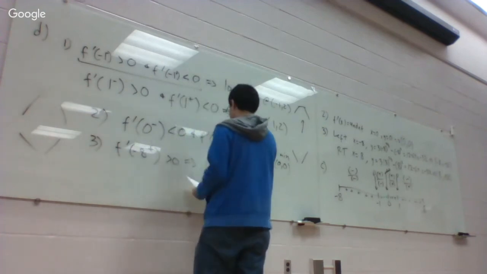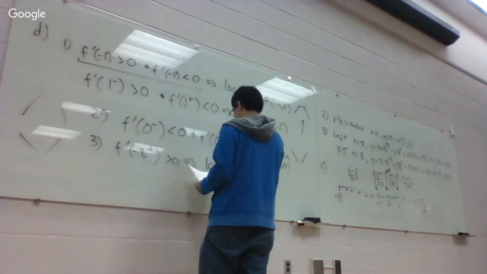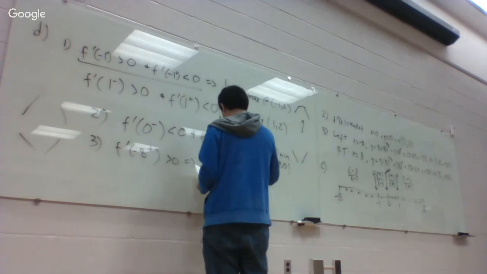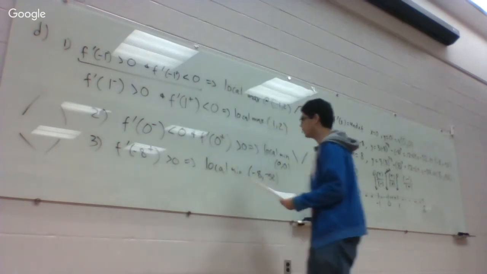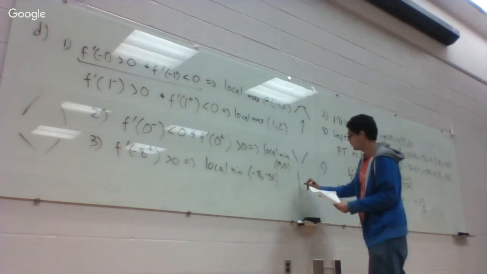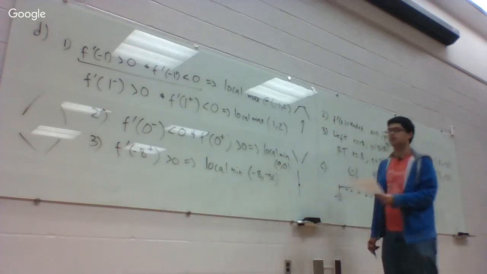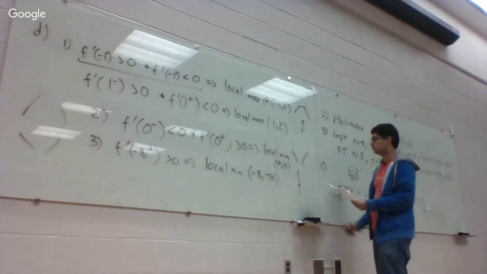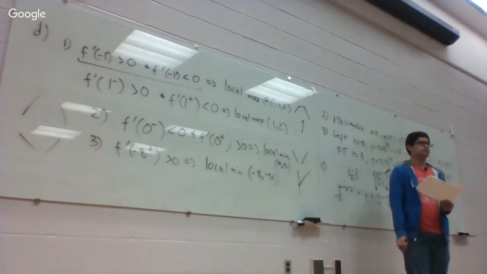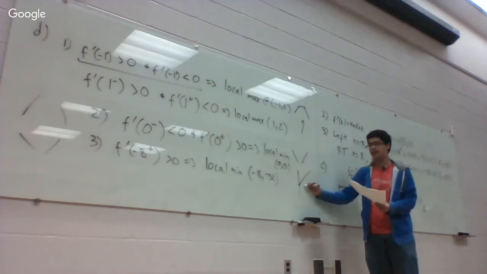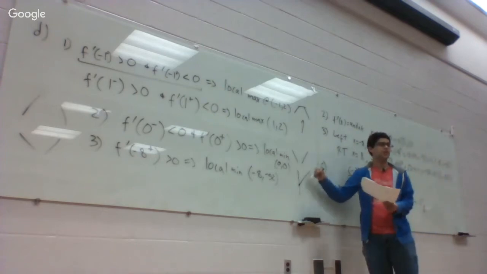It's a min. Make sure you guys understand why it's a min. Because if I have -8 and the slope is greater than 0, that means the curve is going up. That is a min. It's lower than the next point.